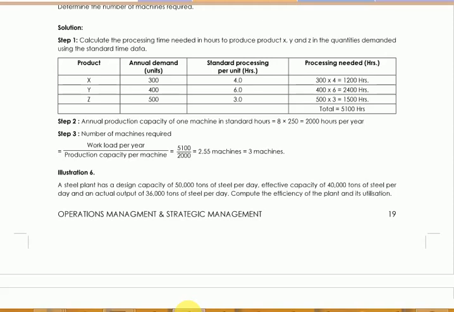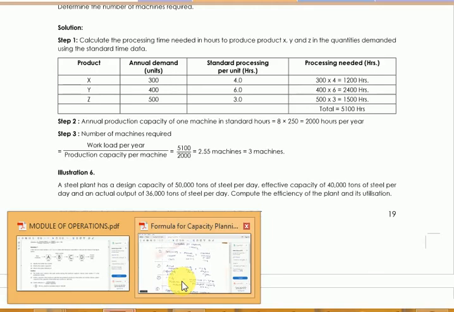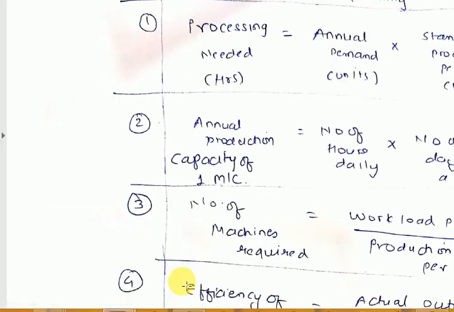And as per the third formula, the number of machines required is calculated from the first formula's result, that is, adding all the processing needed. Adding all the processing needed, we have found the workload per year.